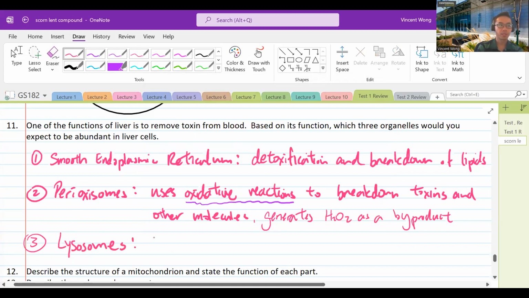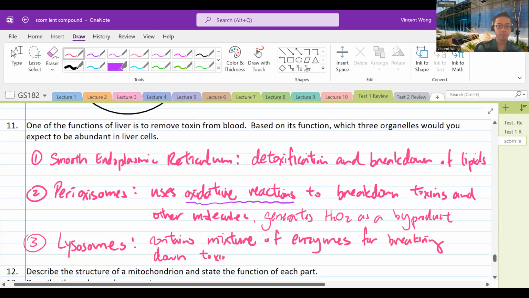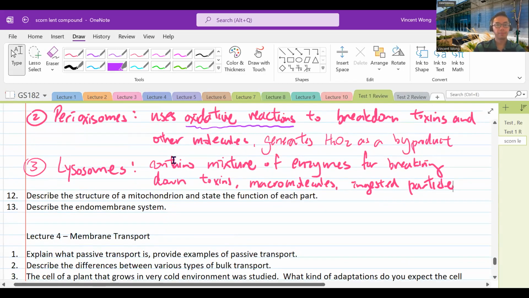So lysosomes contain a mixture of enzymes for breaking down, again, toxins, macromolecules, and even ingested particles, like a bacterium or stuff like that. All right, that's it.